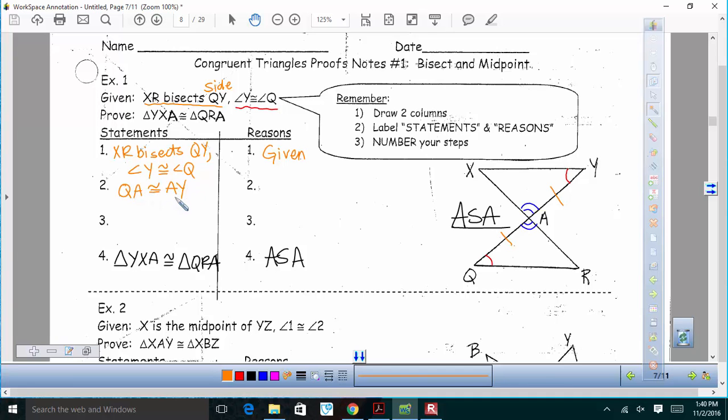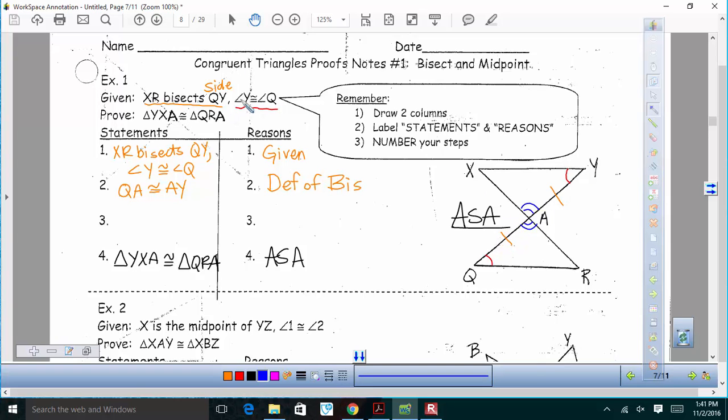If it told me they were just congruent, it would be fine, and we wouldn't have to write it down. But since it didn't tell me specifically QA is congruent to AY, we have to write that piece of information down. Now, how did we determine it was congruent? Definition of bisect. All we did was write down the fact that this side is congruent to this side.